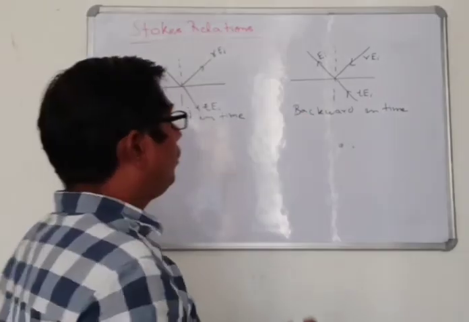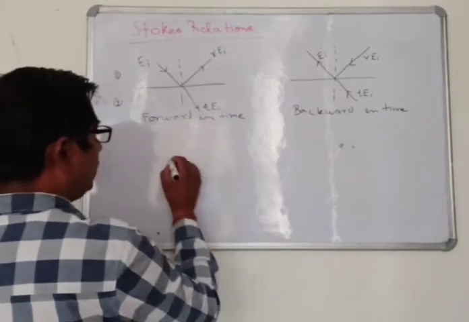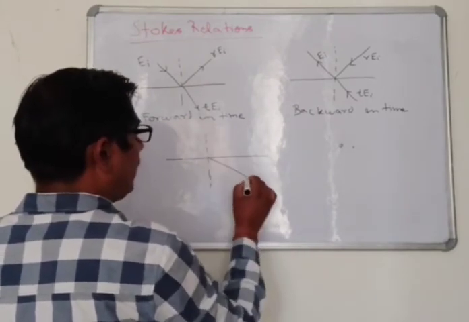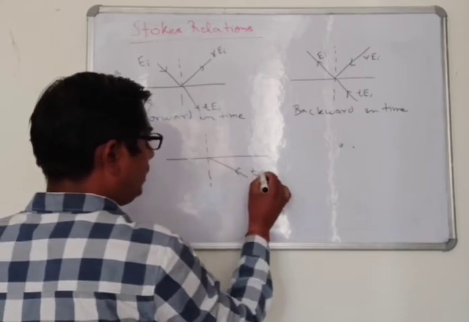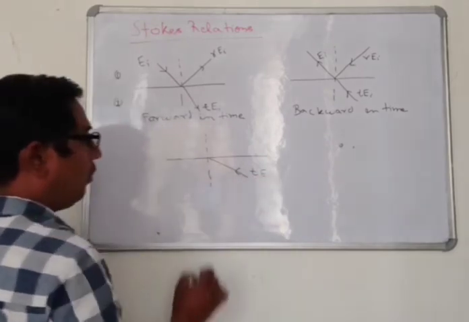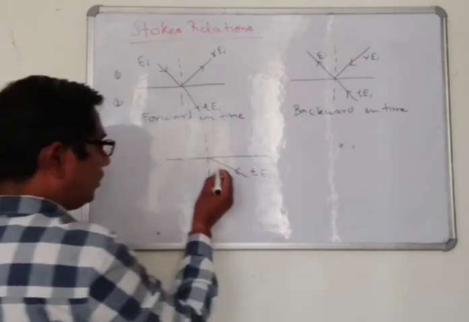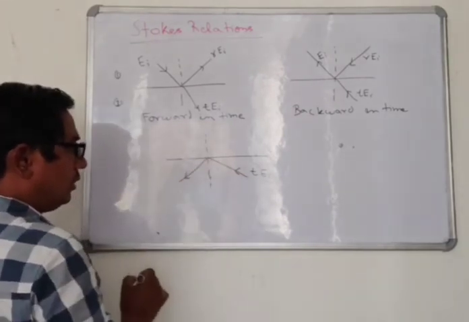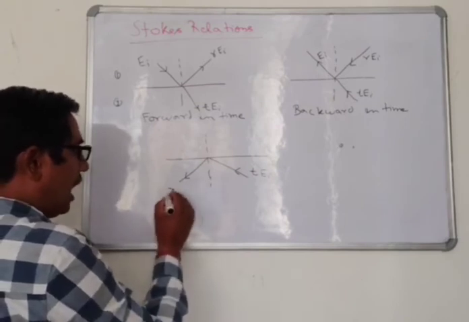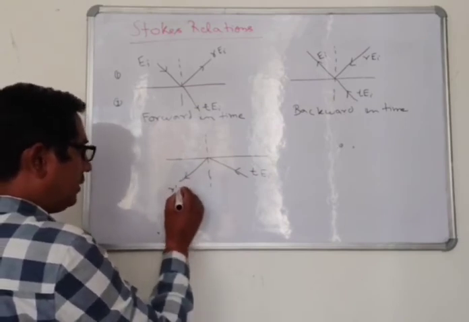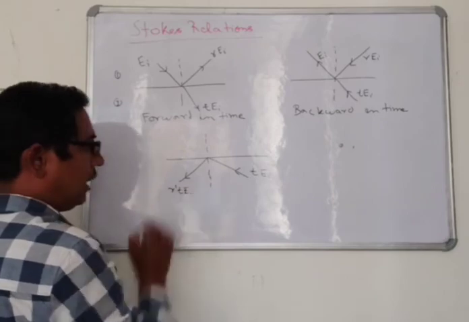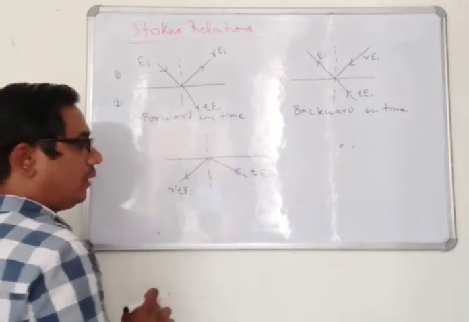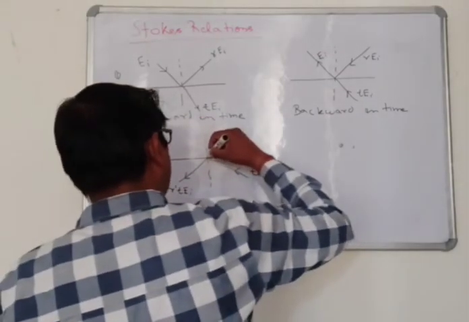Why? When you incident T EI like that, what will happen? Some light will be reflected. Here we will use R dash T EI, because R dash is the reflection from the second to the first medium, and some part will be transmitted.